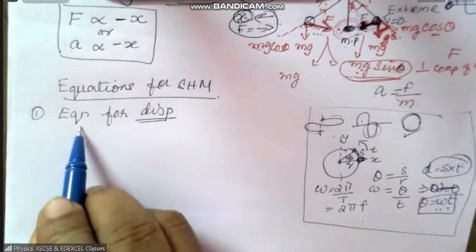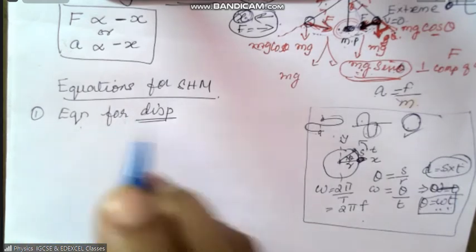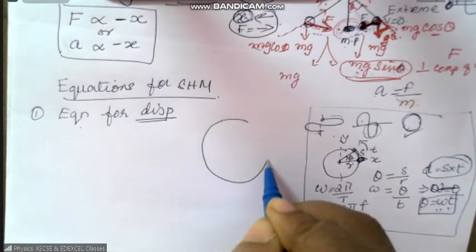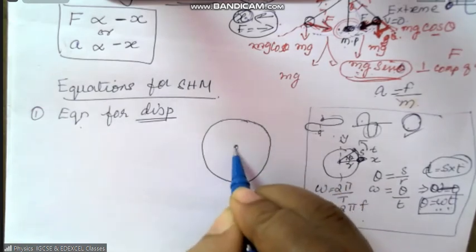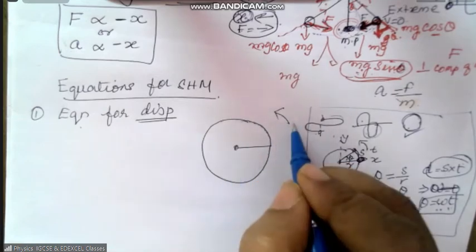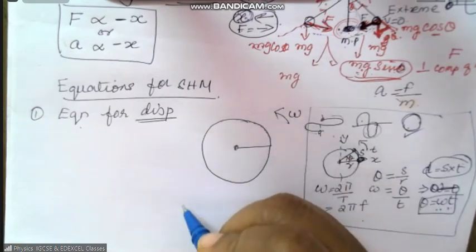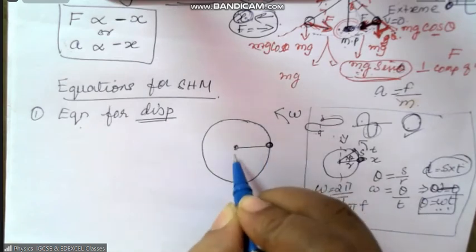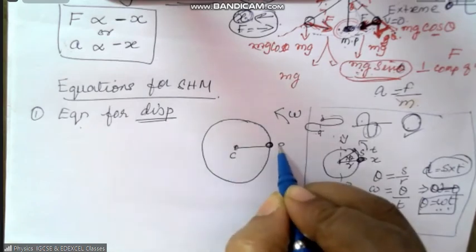Now, how do we get an equation? For getting an equation, look here. This is an object moving in this direction with an angular velocity omega. When this is a particle, this is the center, this is the particle.